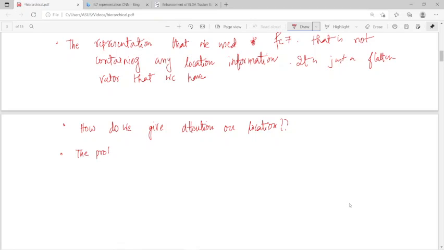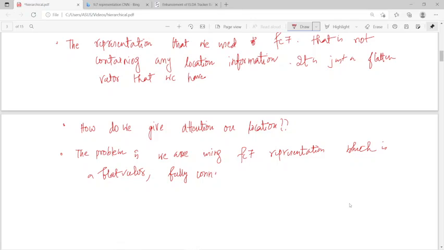Because we are using this FC7 representation, which is a flat, fully connected vector, and this does not have any location based information.